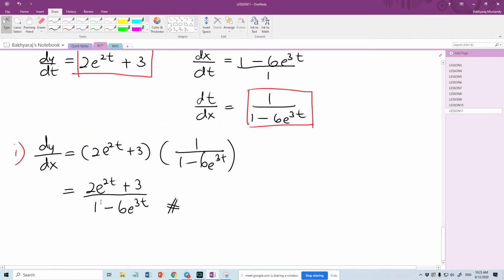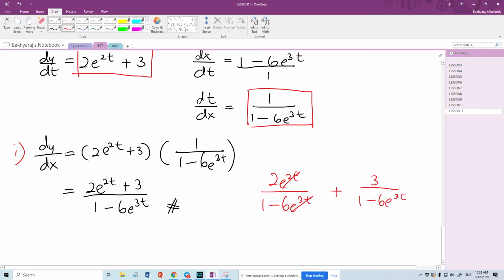Walaupun you nak pecahkan dia, tapi still tak boleh cancel. It's a good question. Kalau you pecah pun exponent 2t divided by 1 minus 6 exponent t, you masih tak boleh potong ni, sebab ni ada 1 minus. Faham maksud saya?